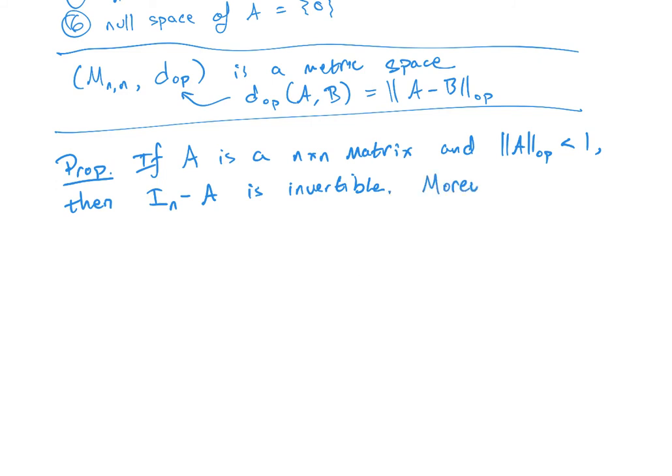Moreover, once we know it's invertible, the operator norm of its inverse is at most 1 over 1 minus the operator norm of A.